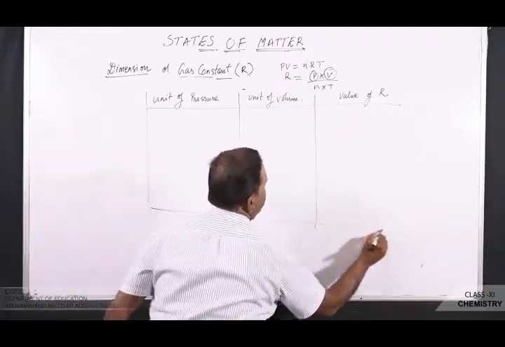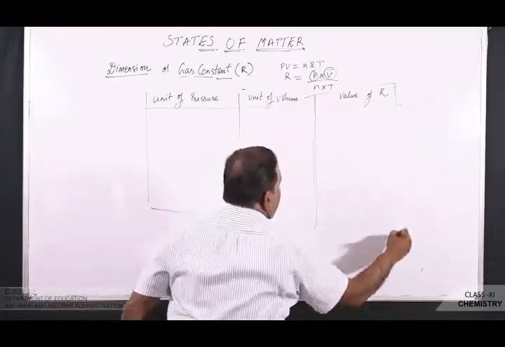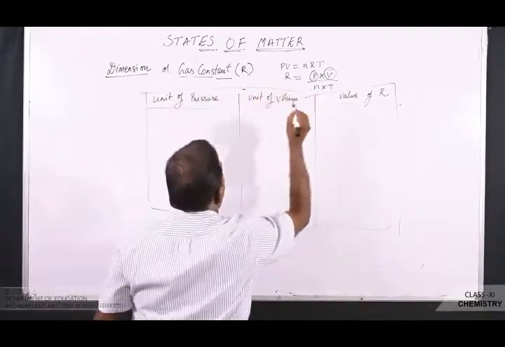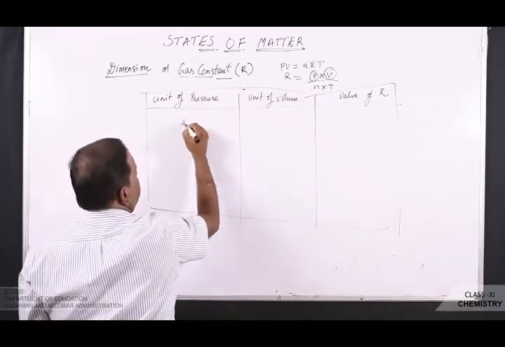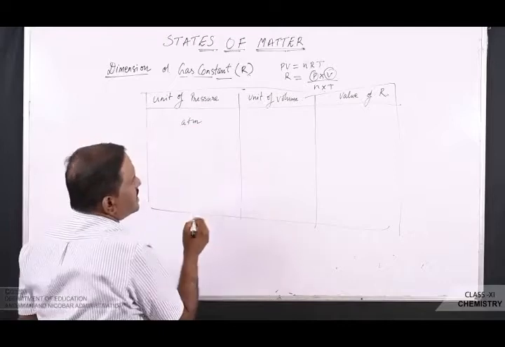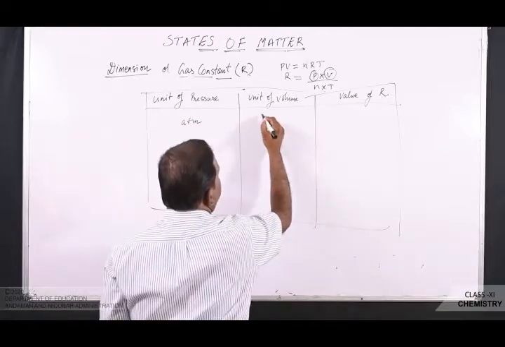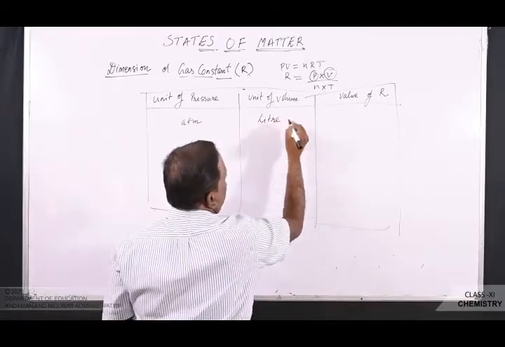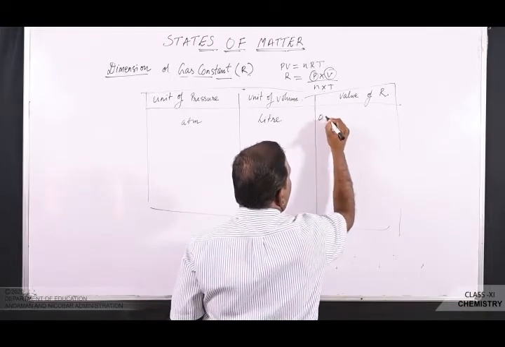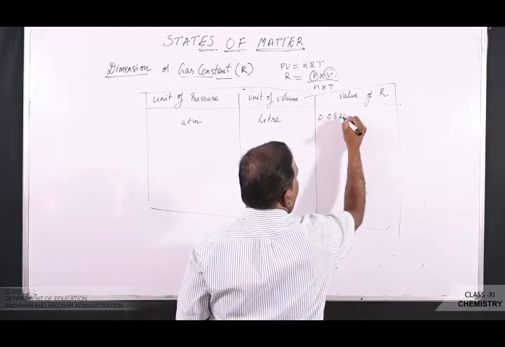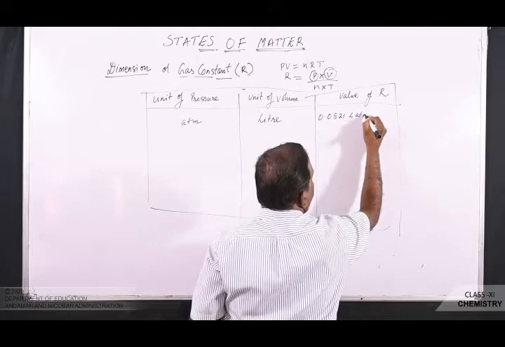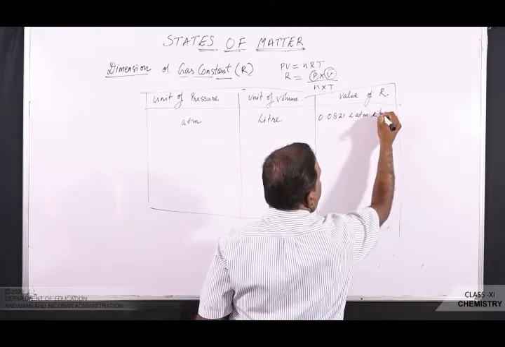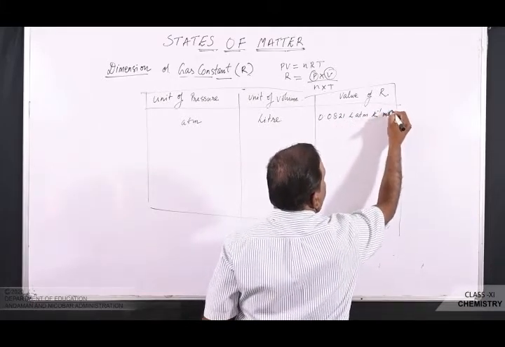So we have different gas constants. When the pressure is given in atm and volume in liter, at that time the value will be 0.0821 liter atm K inverse mole inverse.